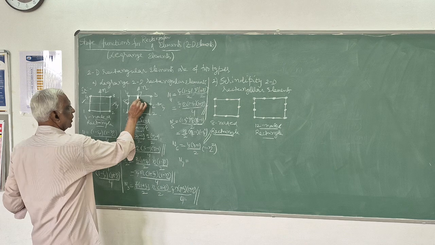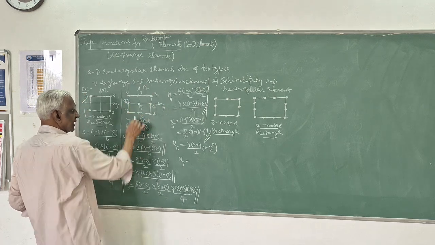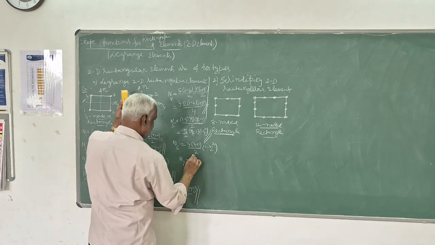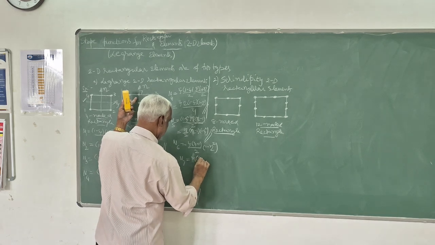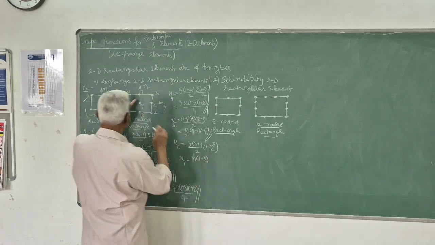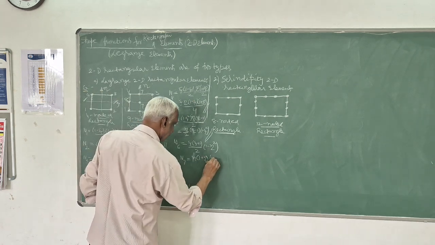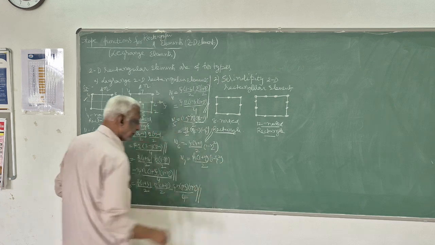The 7th node is common for side 4, 3 as well as 5, 7. For 5, 7 it is the second node in the eta direction, so it is eta into (1 plus eta) by 2. For the 4, 3 side, it is the middle node in psi, 1 minus psi square.